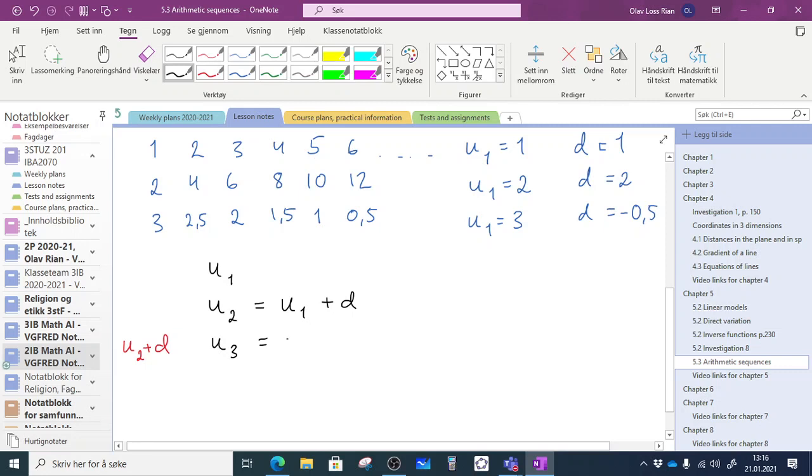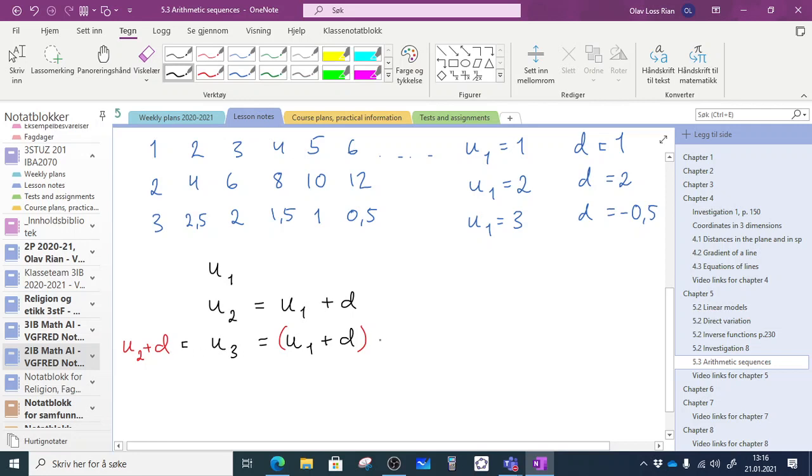So I would have to write U1 plus d, which is actually equal to U2, right? And I said over here that U2 plus d is equal to U3.